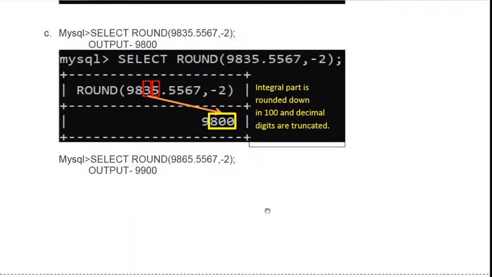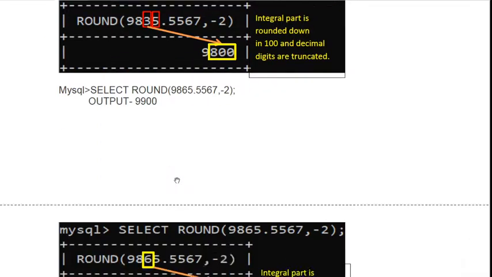Now next example, select round 9865 comma 5567 comma minus 2. Now you have to guess the output. You guess the output. This is minus 2. So 6 and 5 will be rounded. It is more than 50. That's why it will be rounded up in 100. That's why 9900.